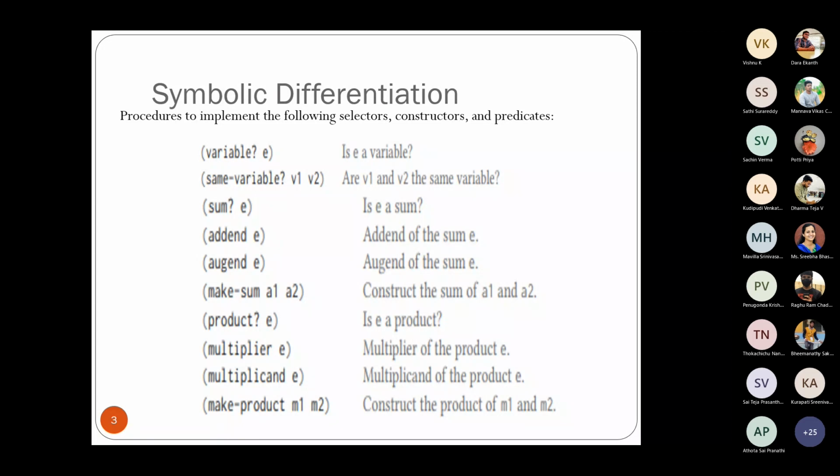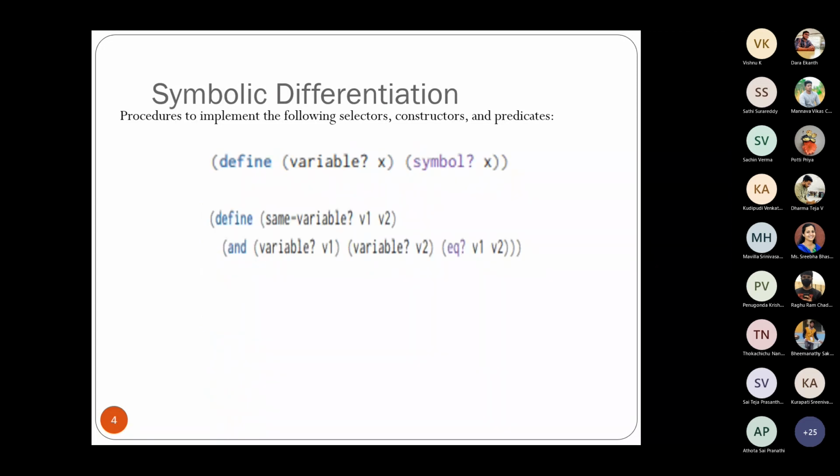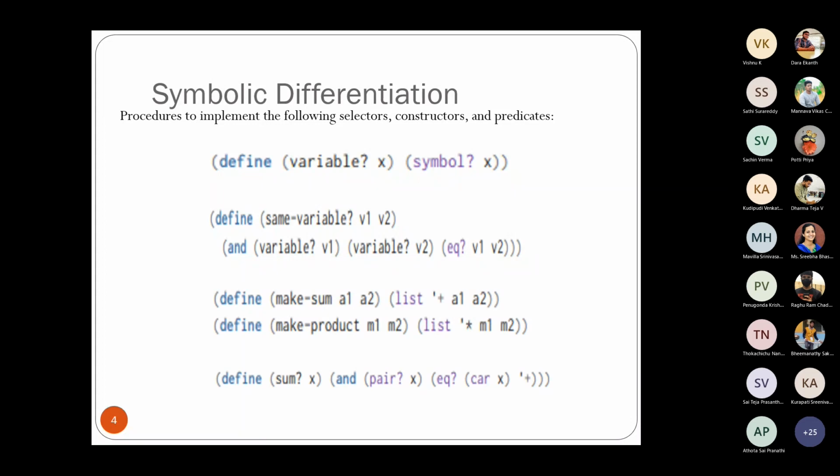Okay, let's see how to define this. Let's take sum question mark x, given the expression, whether it is a sum or not. What will you do? After all, x should be a pair. A pair means something like plus a b, and so on. So x should be a pair, and then the car of x should be equivalent to plus.